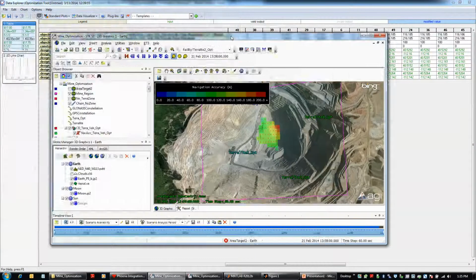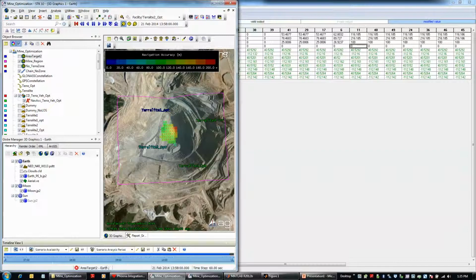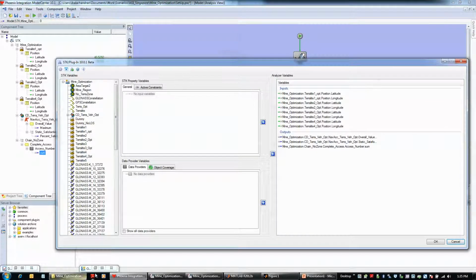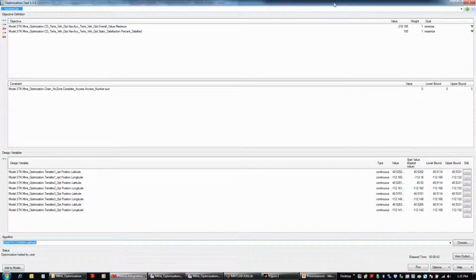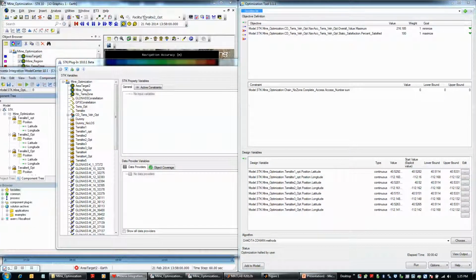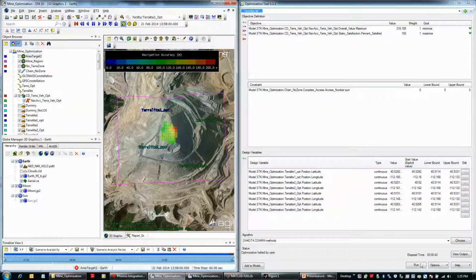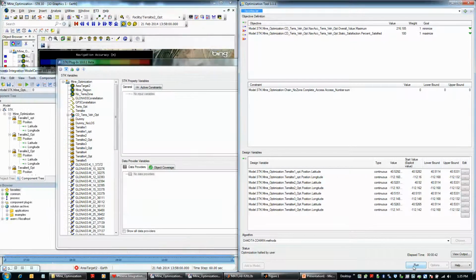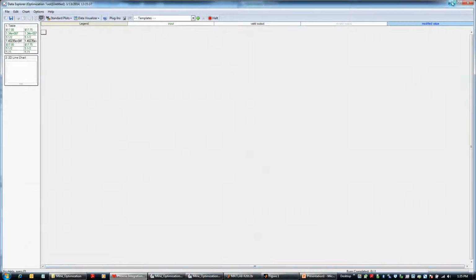I'll just show what had happened, because the run takes some time. For your reference, I'll show what happens when I'm running the solution. When I click on run, you will see the terralites, this is how I obtained my result.